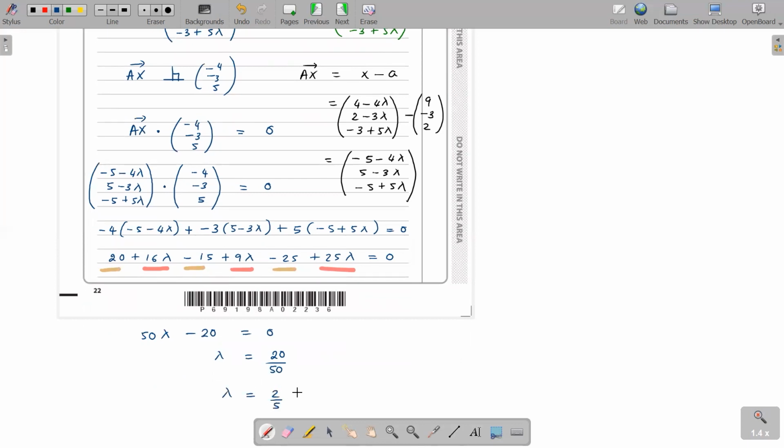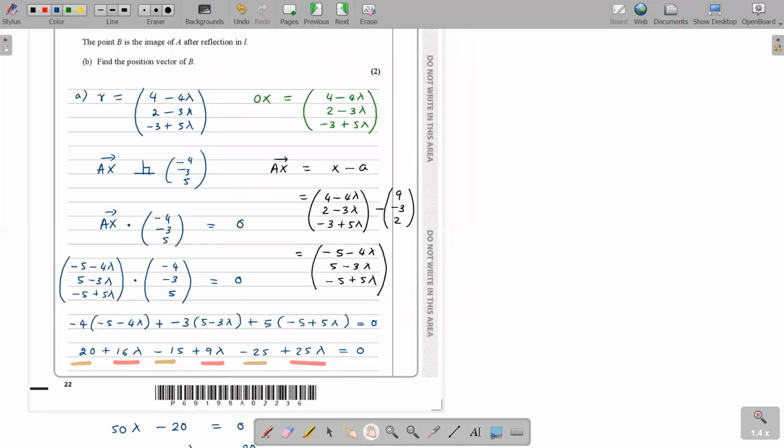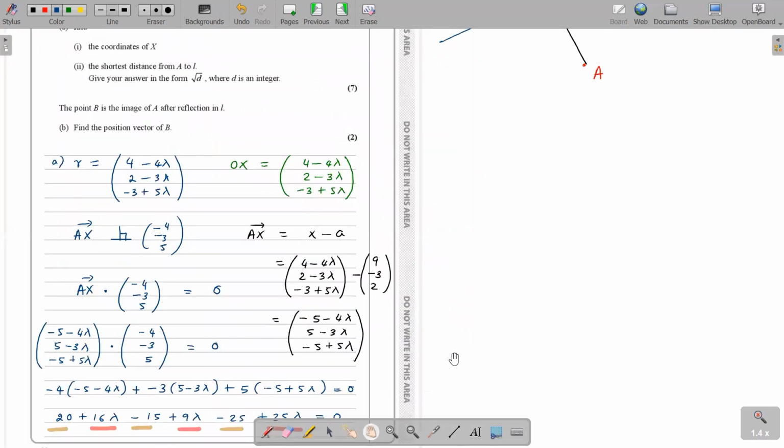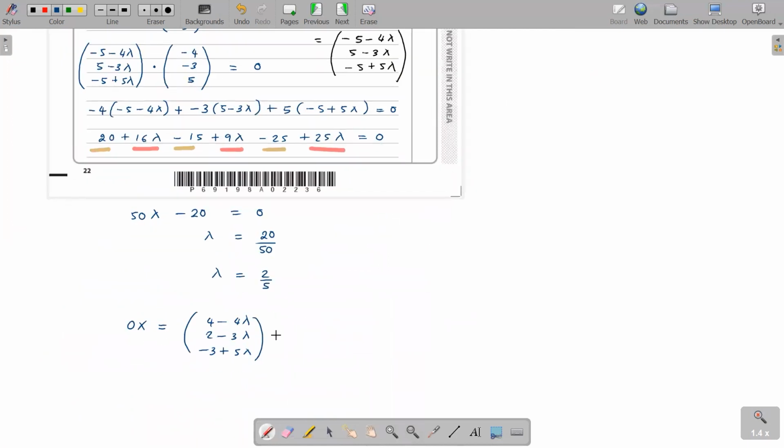So now what do we need to do? We need to get the coordinate of X, right? So all you have to do is substitute the λ value into the X equation. So what's our X coordinate? 4 minus 4λ, 2 minus 3λ, -3 plus 5λ. Replace the λ value.